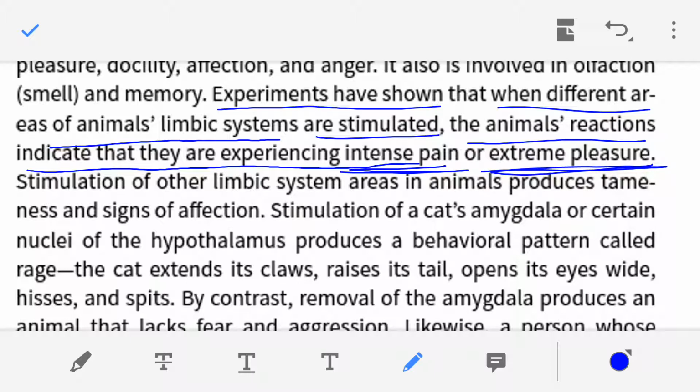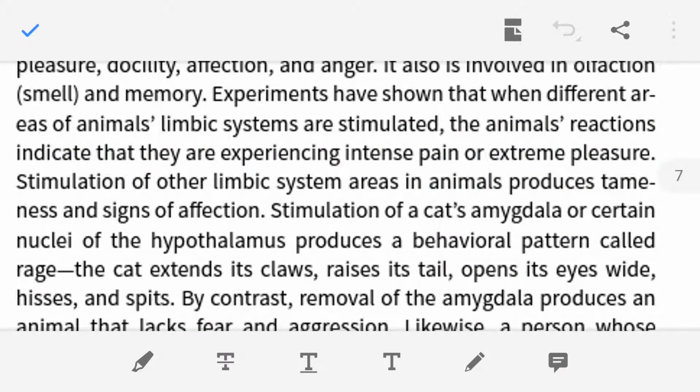So when the limbic system is stimulated, animals experience intense pain, or they are extremely happy, feeling pleasure.